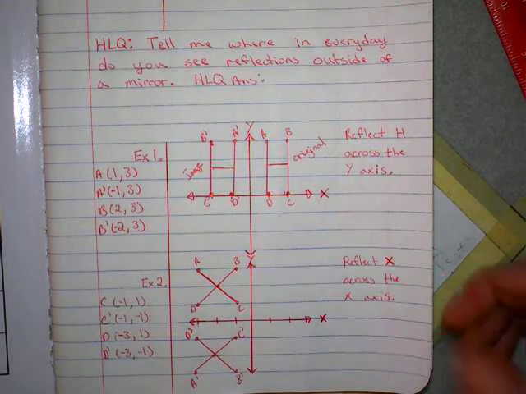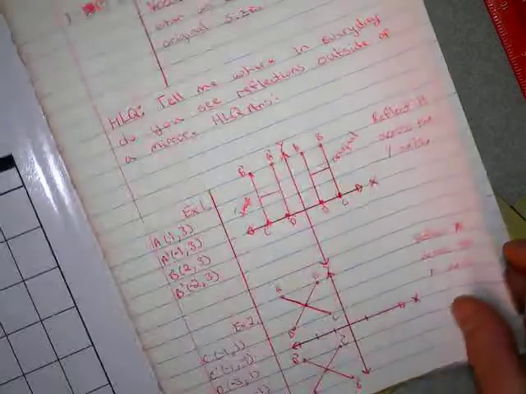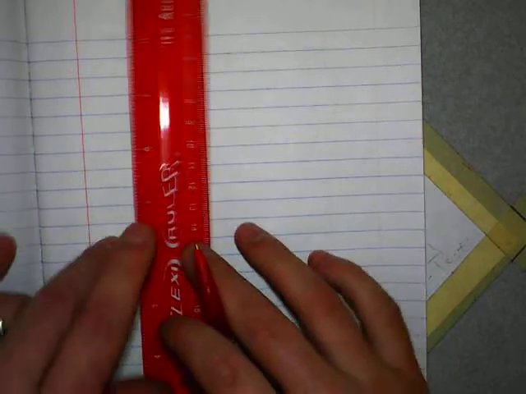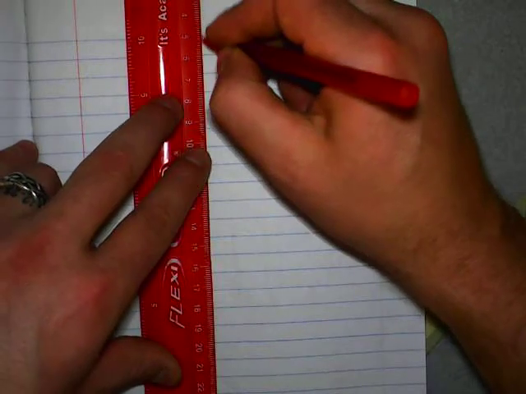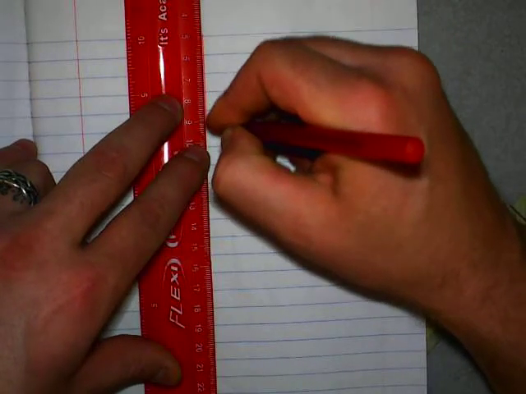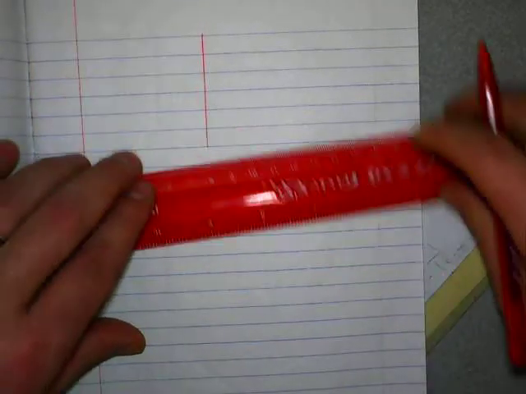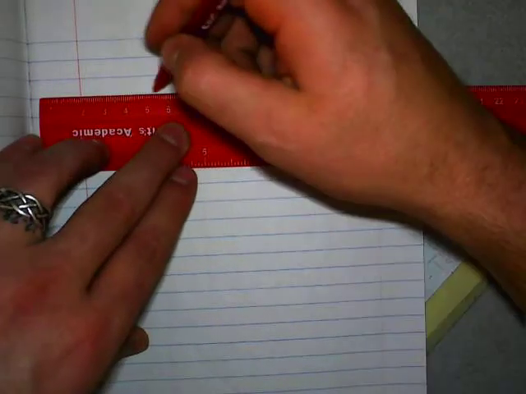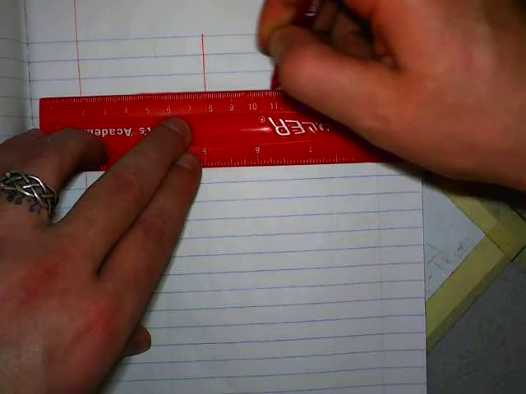So, for your practice problem, go down here. On your practice problem, I want you to make a 3 by 3 grid. Use mine: 1, 2, 3, 1, 2, 3 here, and 1, 2, 3, 1, 2, 3. Okay.